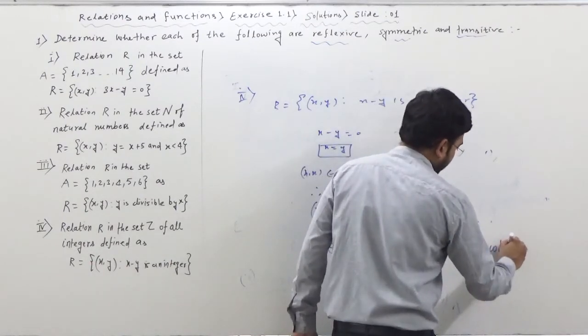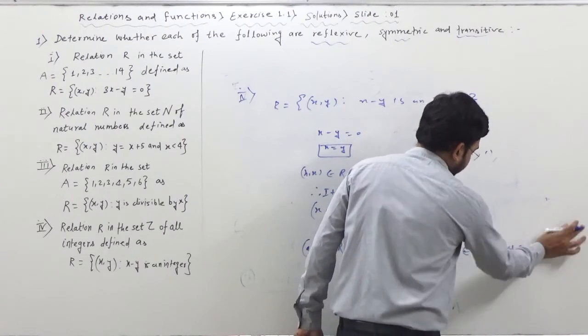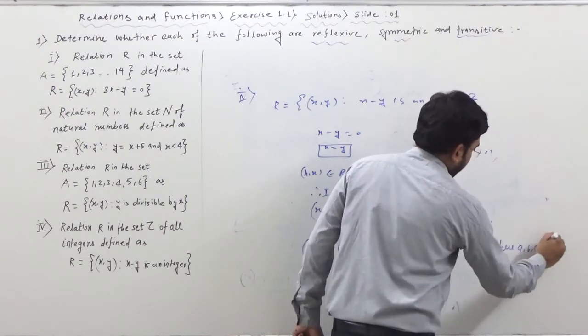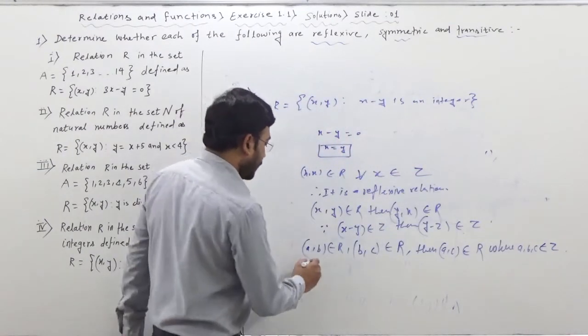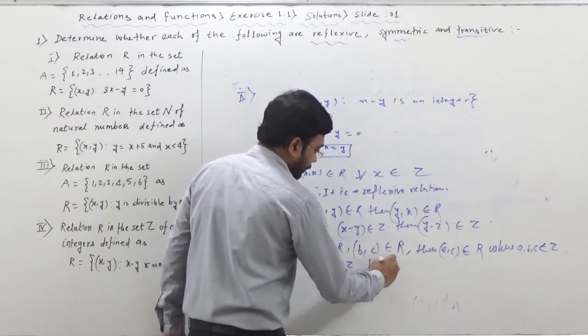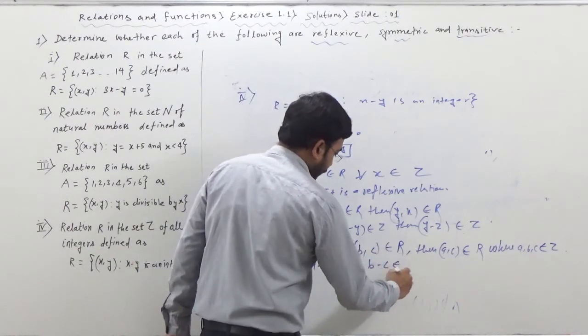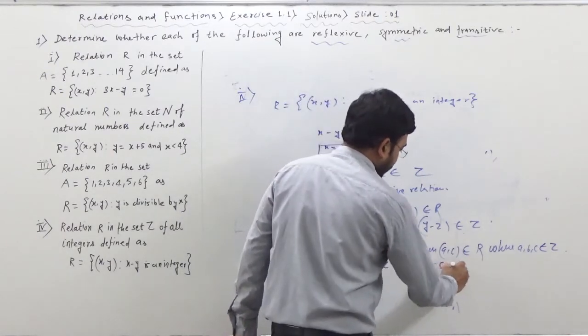Here a minus b and b minus c are integers. Of course this is possible, because a minus b belongs to the integers, and b minus c also belongs to the integers, then of course a minus c also belongs to the integers.